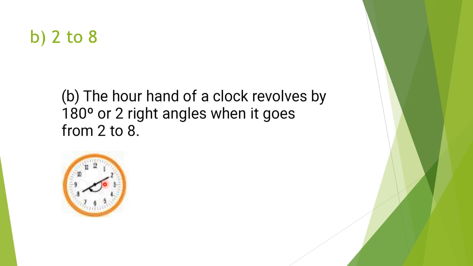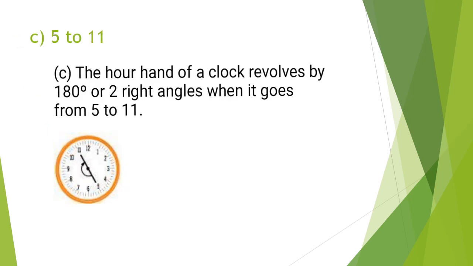The hour hand of a clock revolves by 180 degrees or two right angles when it goes from 2 to 8. Question C. 5 to 11. The hour hand of a clock revolves by 180 degrees or two right angles when it goes from 5 to 11. Do questions D, E and F yourself.